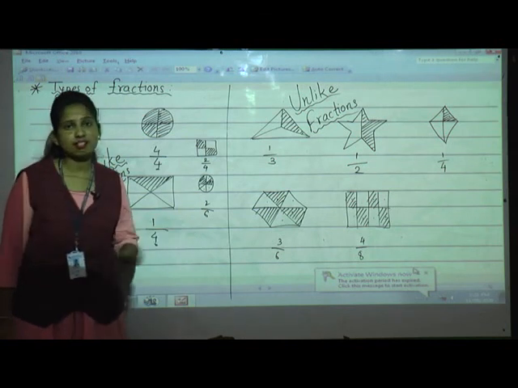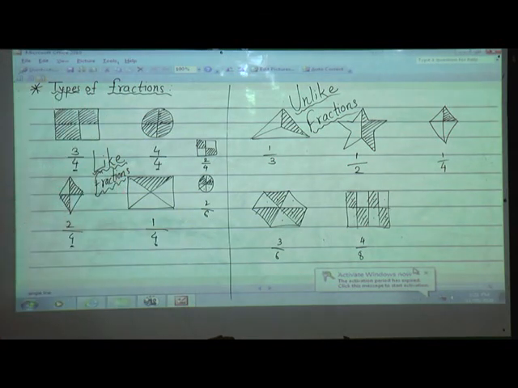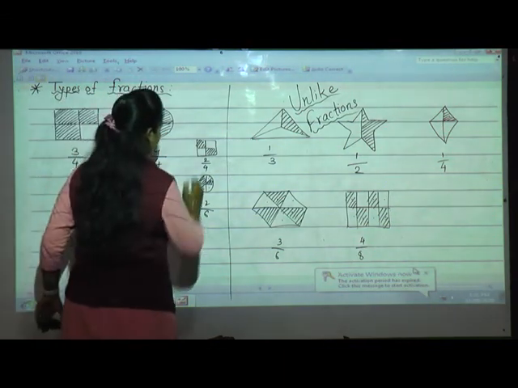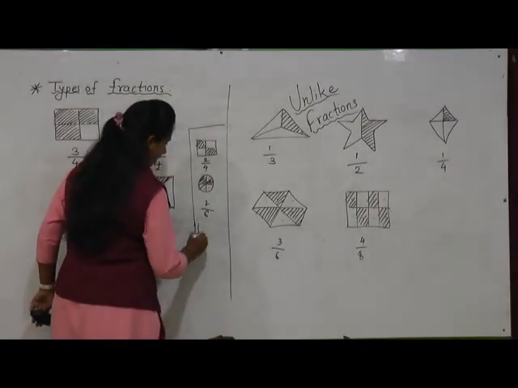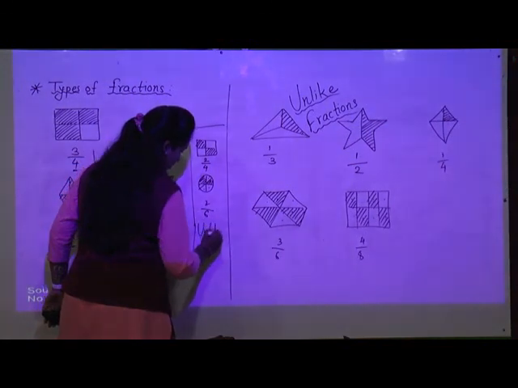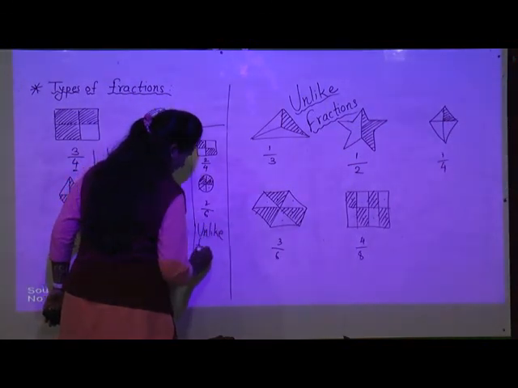The numerators are the same. But if the numerators are the same, are they called like fractions? No, not at all. They are called unlike fractions only. They are not like fractions.